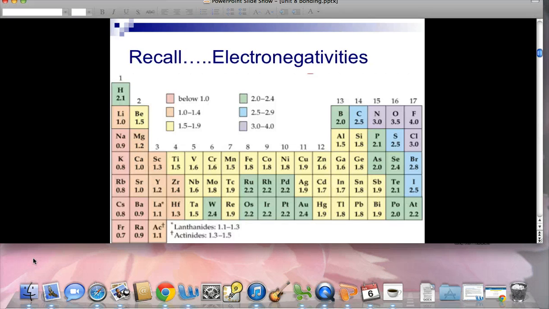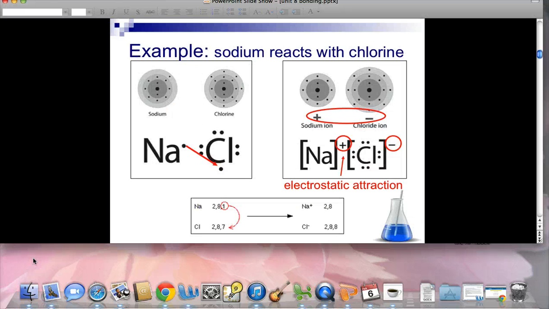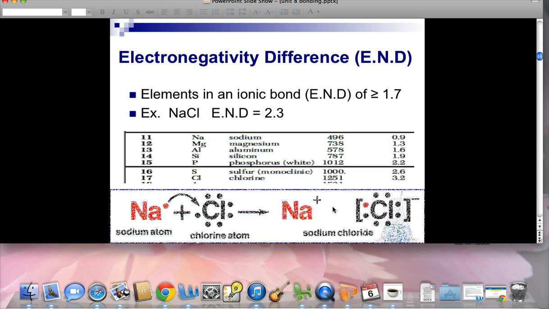So here, if we look at our electronegativities, you'll notice that sodium likes to give an electron over to chlorine, and this can also be seen here where chlorine wants to have a perfect 8 and sodium gives its 1 electron, so chlorine now has 8 and sodium is left with 8 in its outer shell. The thing to look at is the electronegativities.